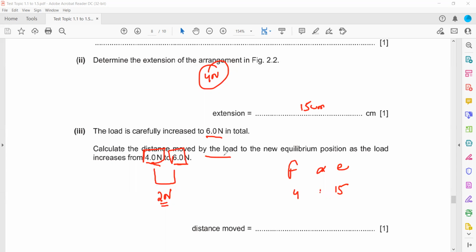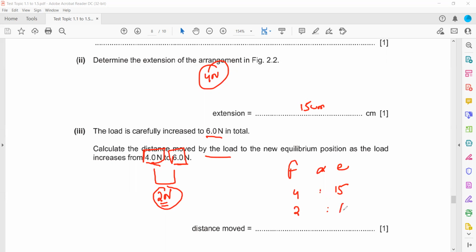But we don't need the total extension, we need only the extension when the force changes from 4 Newton to 6 Newton. So the force is changed by 2, because changing from 4 to 6 is a change of 2.